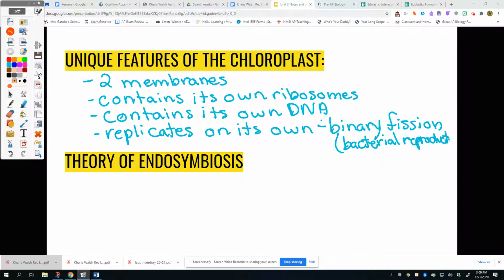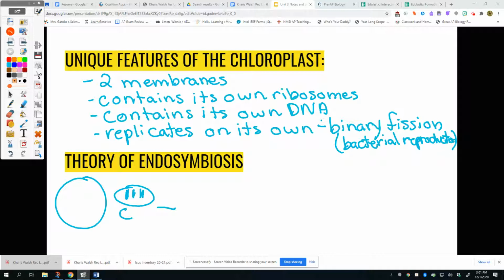Now, why am I telling you this? I'm telling you this for you to understand that the idea, the theory is that at one point, the chloroplast was a bacterial cell. It was a fully functioning prokaryotic cell that at one point was engulfed by a larger cell.